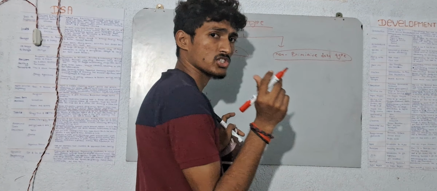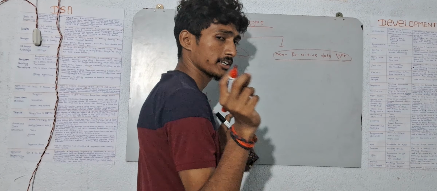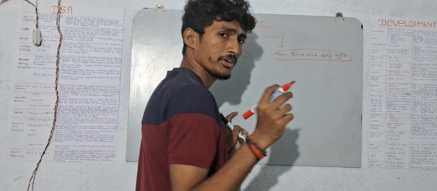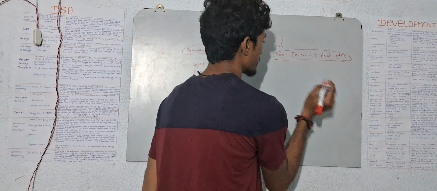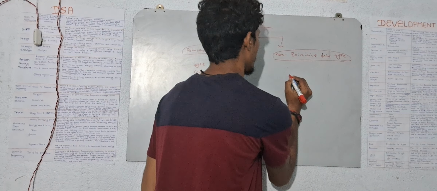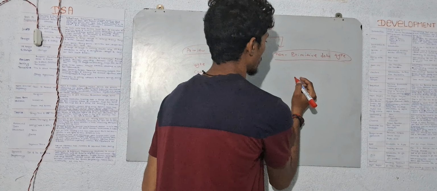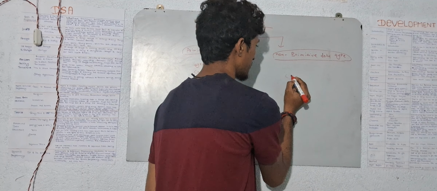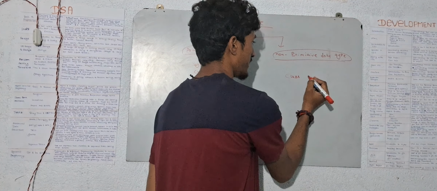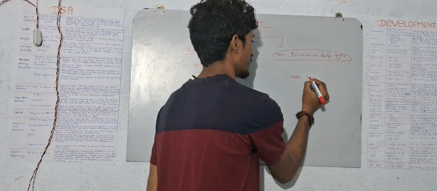If we want to customize the data types, let's take an example. We create a data type, and the data type's name is info. So for creating a data type, we have to declare a class, and the class name is info.